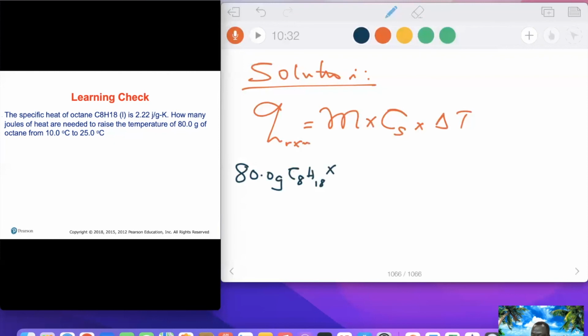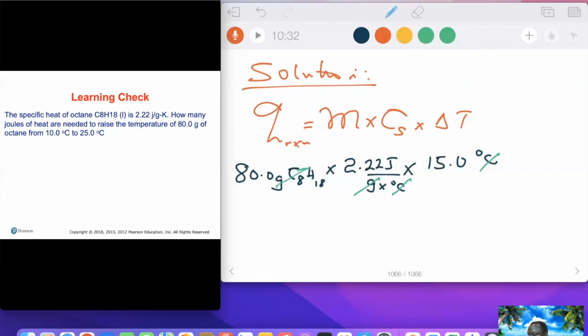Remember, it's given in joules, 2.22 joules per gram times degree Celsius. I'm just going to use degree Celsius. Times what? Change in temperature. 25 minus 10 is 15.0 degrees Celsius.